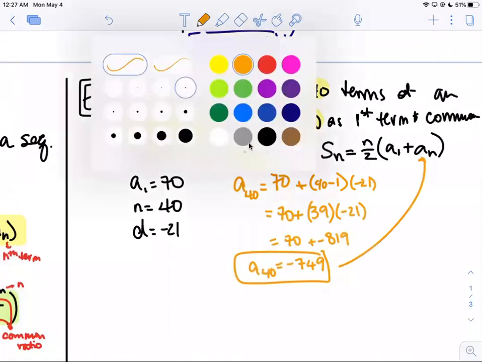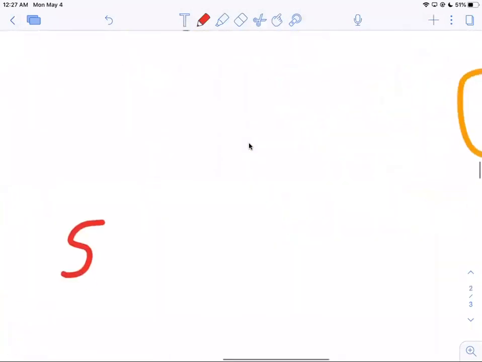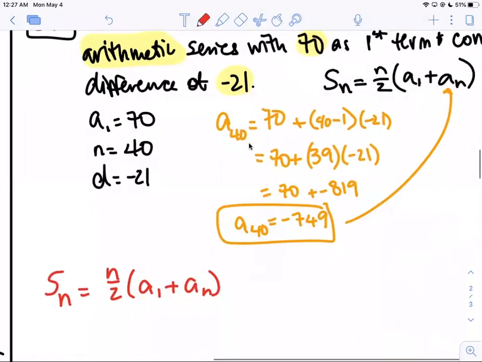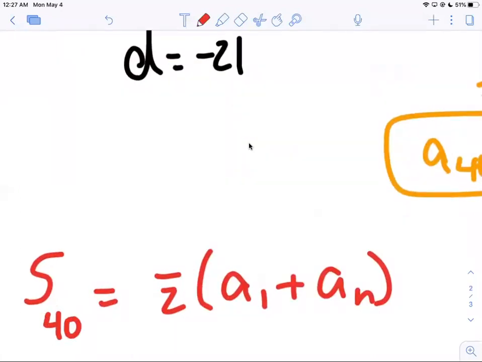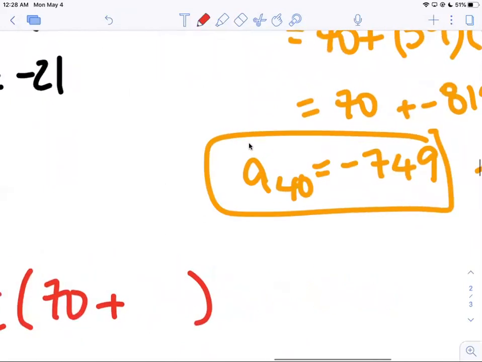So when I start solving this, I'm going to say S sub n equals n over 2 times a sub 1 plus a sub n. We know n equals 40. We know a sub 1 equals 70. And we just found out that a sub n equals negative 749.